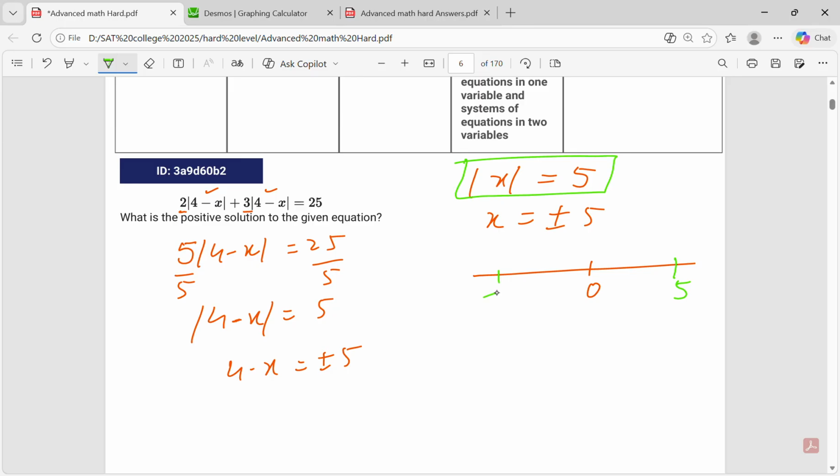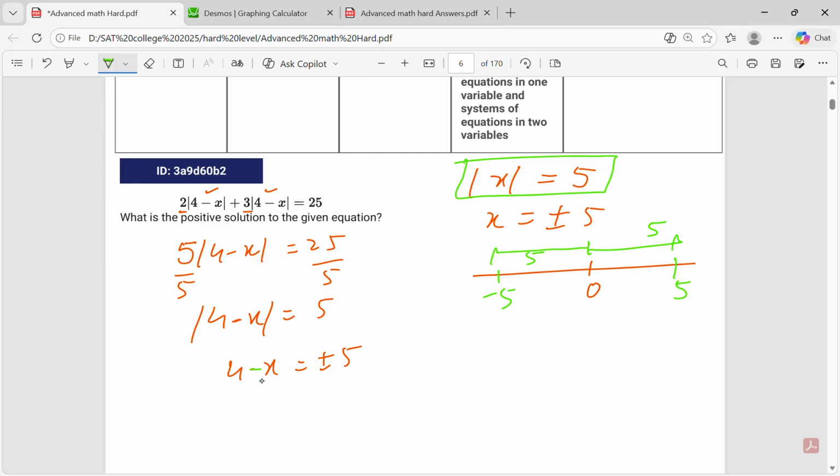It could be in either direction, negative 5 or positive 5. It doesn't matter if it's on the negative side or positive side. That's why when we apply the absolute value, we write plus or minus 5, because we don't know if it's on the negative side or positive side. Only the distance is 5.